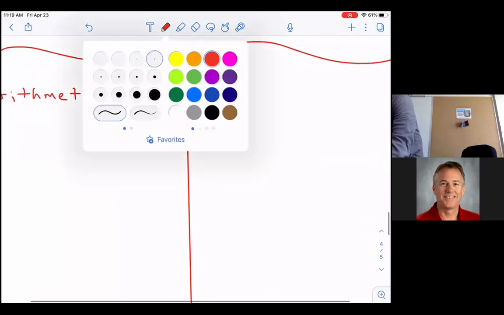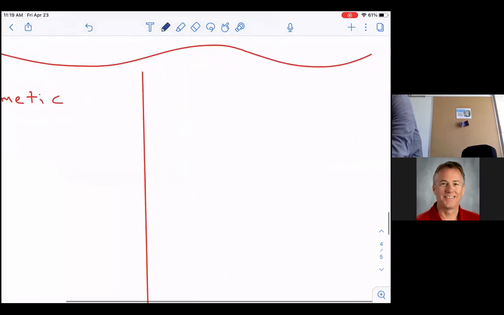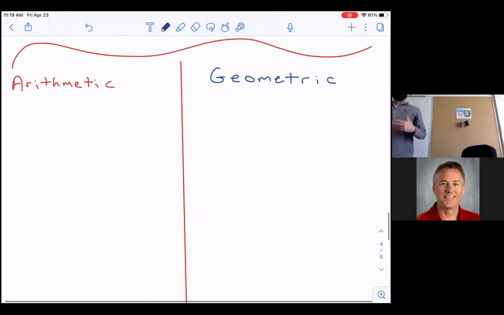And on the right side, I'll change colors and make that geometric. Because in doing these, the first thing is to distinguish what type of sequence we are looking at. Is it arithmetic or geometric?